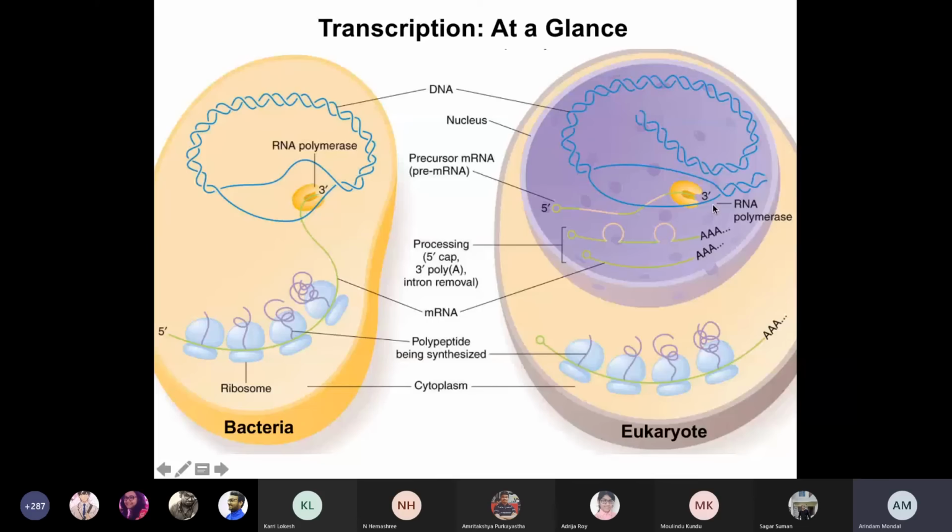Subsequently, transcription happens within the nucleus, and after transcription, the transcripts get capped and polyadenylated, and the introns get excised to produce the final mRNA. Then that mRNA gets exported into the cytoplasm, where it gets recognized by the ribosome in order to perform protein synthesis.